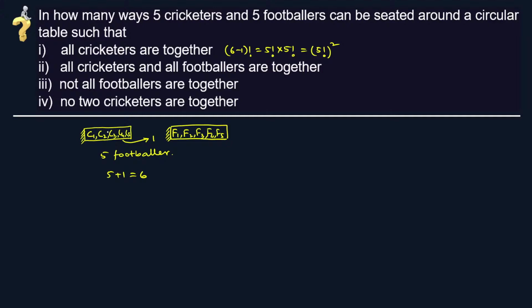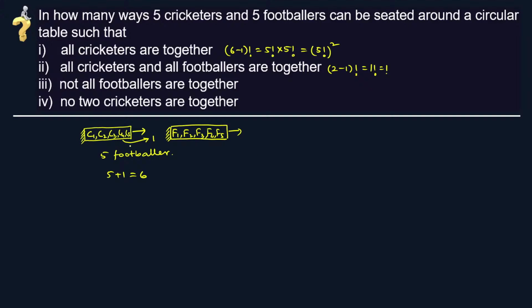Is it clear? One object is all the cricketers, and the other is all the footballers. These 2 objects can be arranged around a circular table in 2 minus 1 factorial, which gives us 1 factorial, that is 1 only, right?